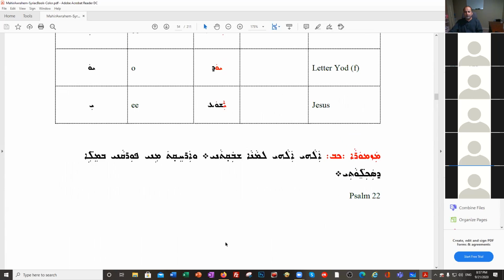Okay. I'm just going to read this one for you here. Mazmora, Kap, Beth, Mazmora 22. Kap is 20, Beth is 2. This is a very famous Mazmora. Eli, Eli. You see, the E at the end is silent. So Eli, Eli. E here is for first person possessor.